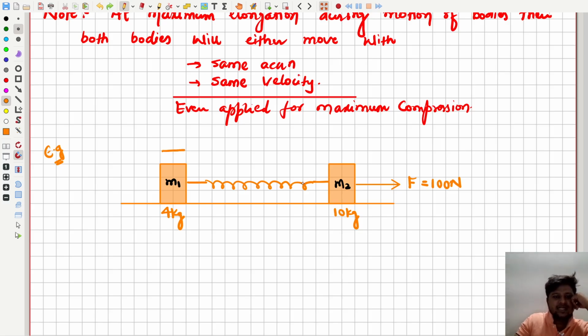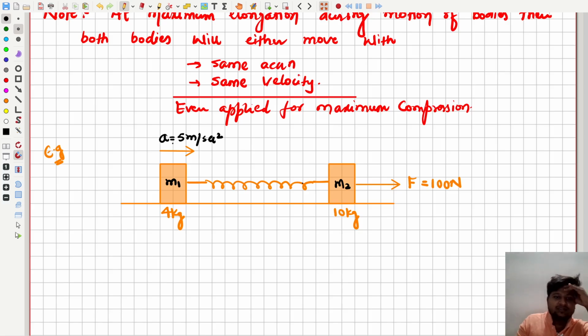Now, suddenly at a random moment of time, this mass M1 has an acceleration. The acceleration is given and it is 5 meter per second square.